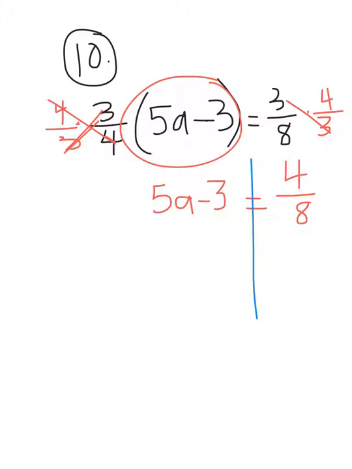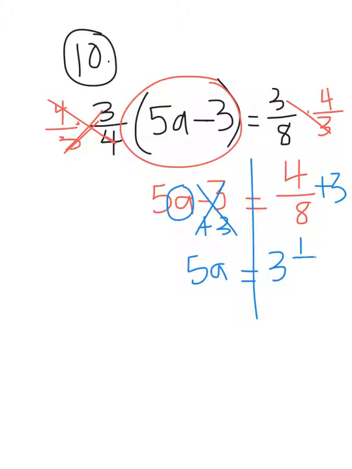Okay, so now, here's my a, plus 3 plus 3. Okay, this cancels out. 5a equals, and I'm just going to put that in the calculator. 4 ABC 8 plus 3 gives me 3 and 1/2. And if I do this, 6, that'll give me 7/2 equals 5a.